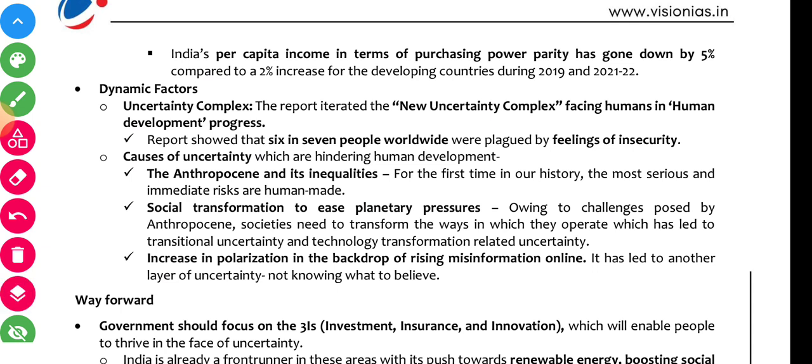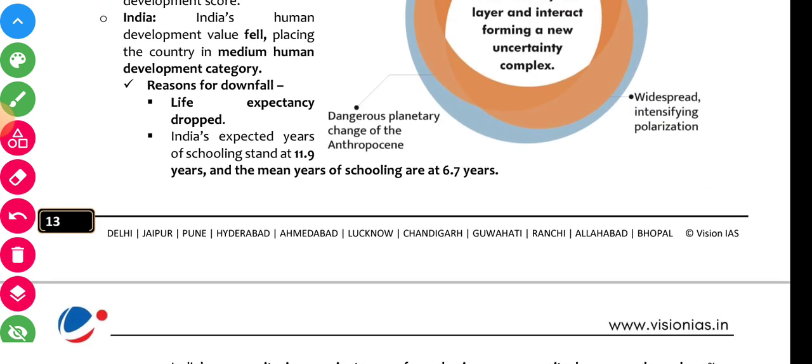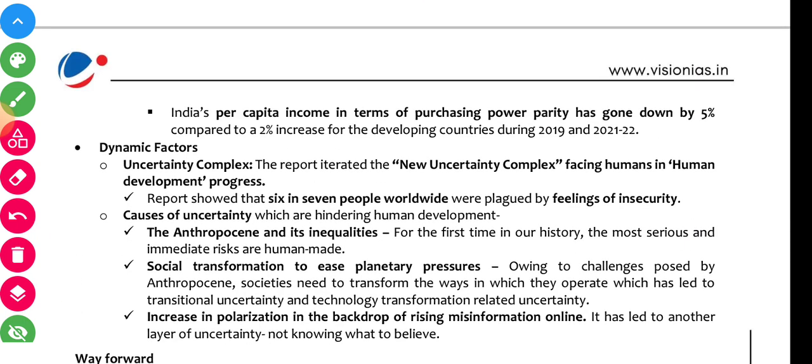Next, India's Human Development Index reasons for downfall. Per capita income in terms of purchasing power parity has gone down by 5% compared to a 2% increase for the developing countries during 2019 and 2021-22. Dynamic factors: the uncertainty complex, a new uncertainty complex facing humans in human development progress.